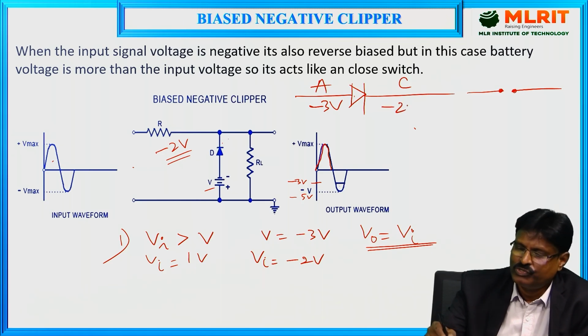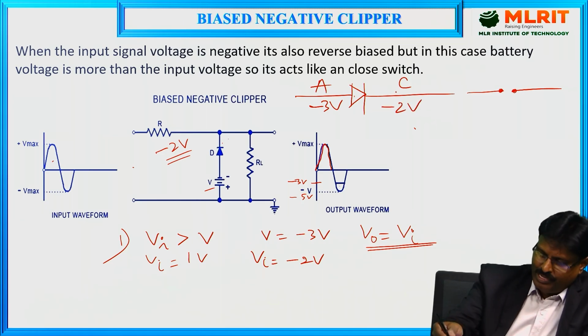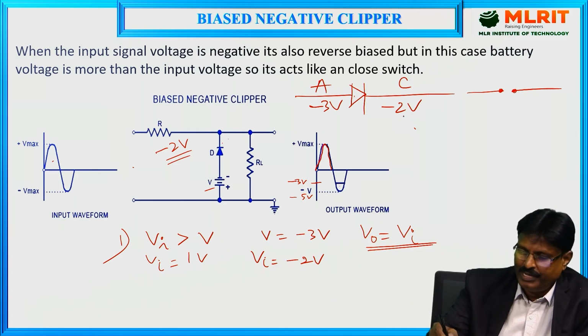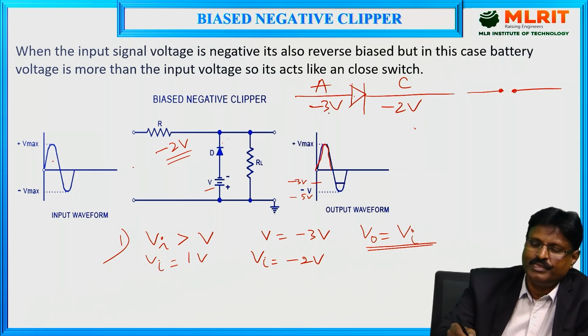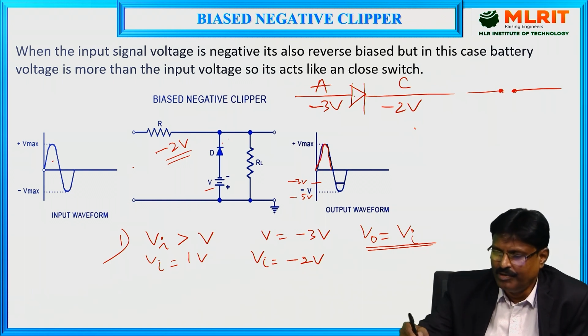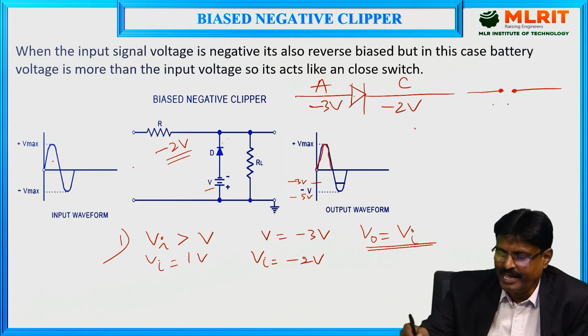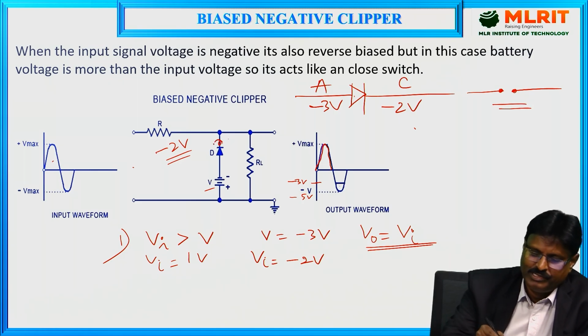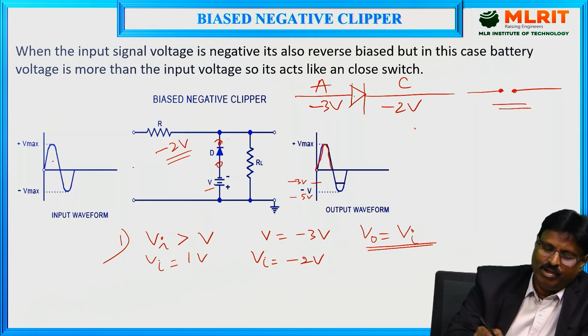Minus 2 volts is larger when compared with minus 3 volts, so the cathode is at higher potential. The diode will be reverse biased and it acts like an open circuit. This arm won't be considered, because the diode is open.